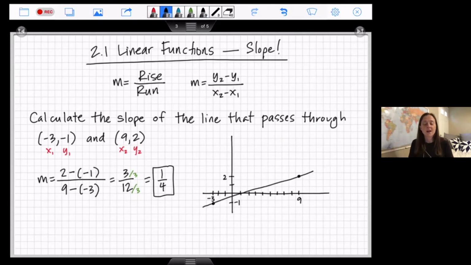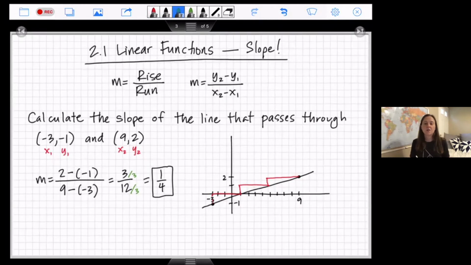Okay, so there's our line, and that slope means that rise over run, for every 1 tick mark that I go up, I'm going to have to go 4 to the right. Okay, so I would have to go up 1 tick mark and then 4 to the right. Up 1, 4 to the right. That means that my line rises from left to right.